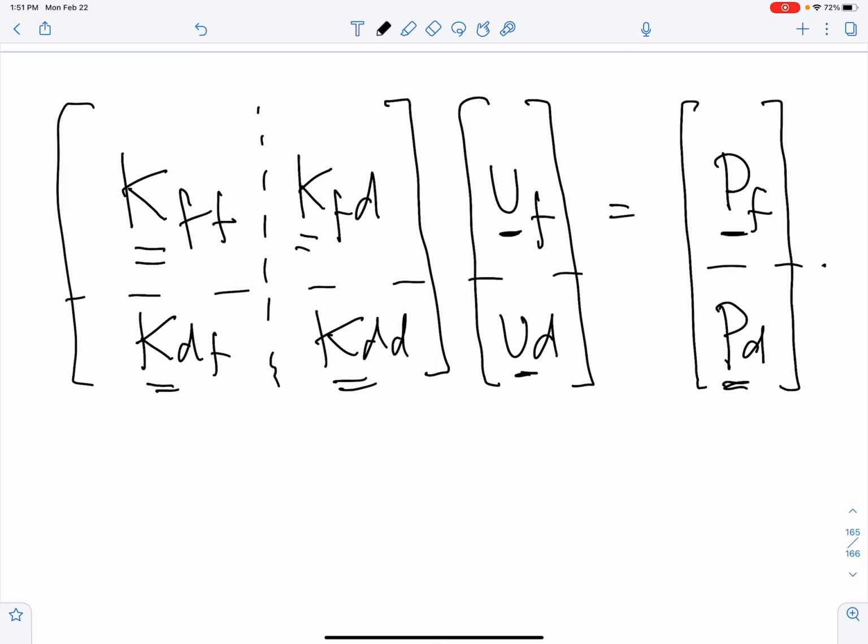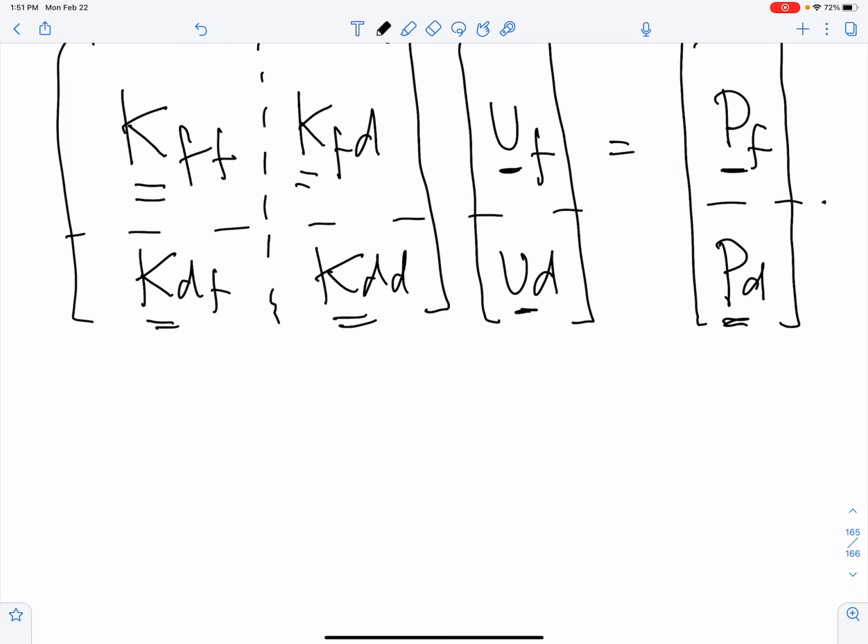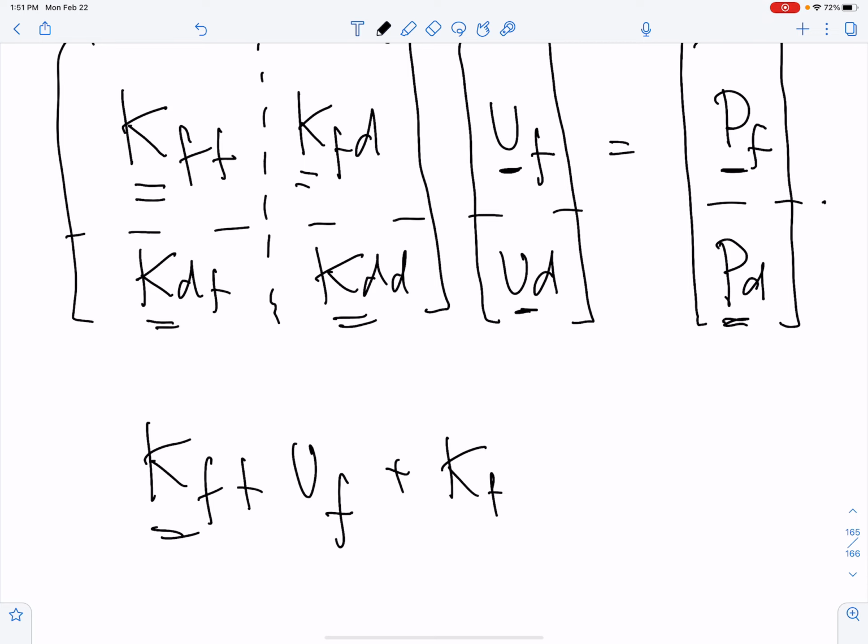Okay? Now, to simplify the discussion, let me write this matrix out as two systems of linear equations. KFF multiplies UF, plus KFD multiplies UD.